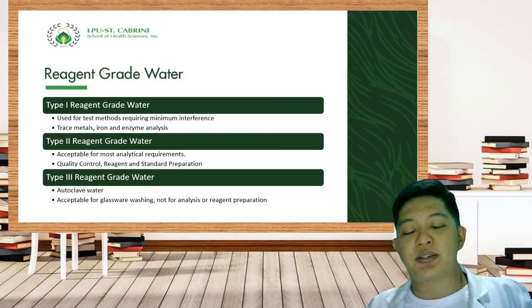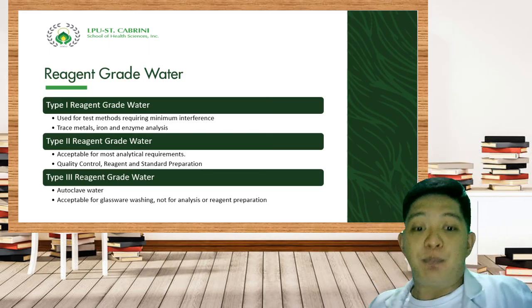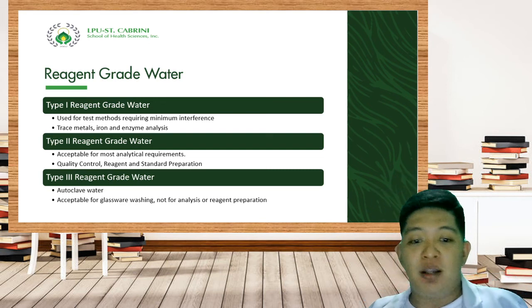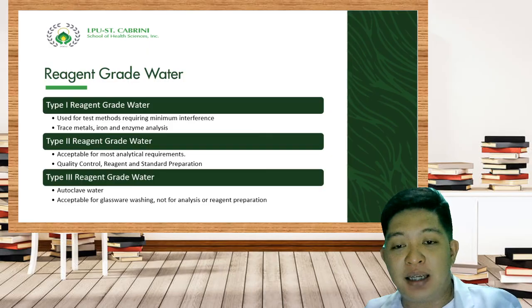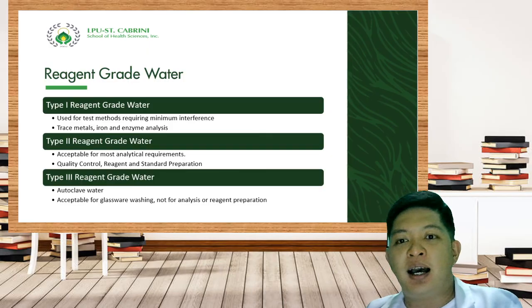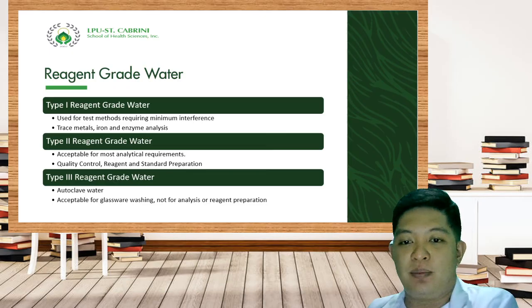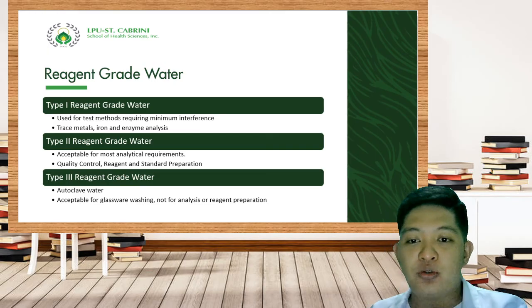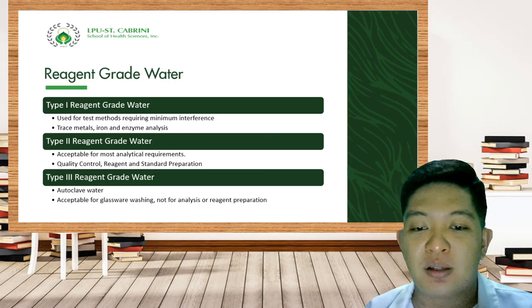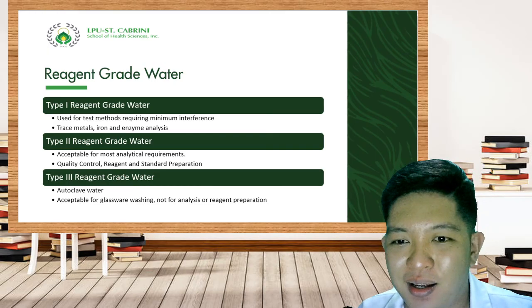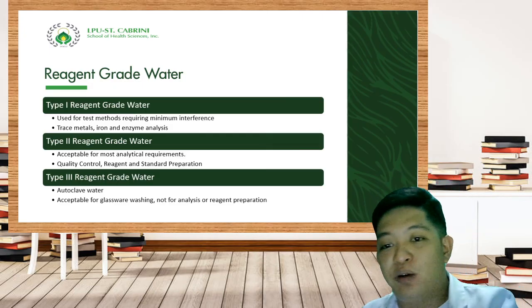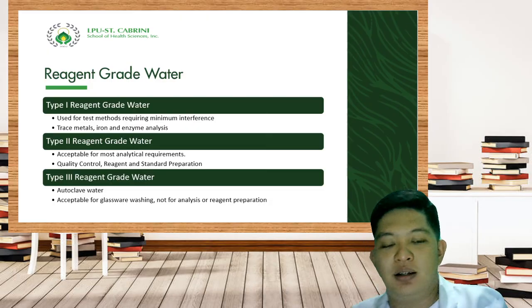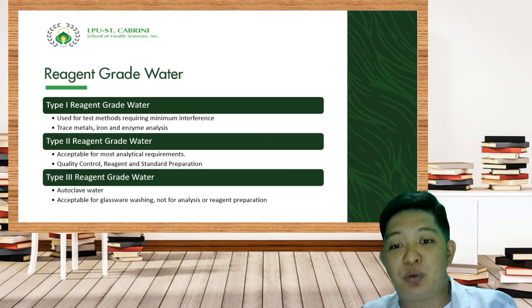enzyme analysis. When we say type 2 reagent water, acceptable naman ito for most common reagents or analytical requirements. Meaning to say, I still remember in our board exam, the question is the most commonly used reagent water. Kapag ang tinanong sa'yo, the most commonly used grade of reagent water, your answer will be your type 2.